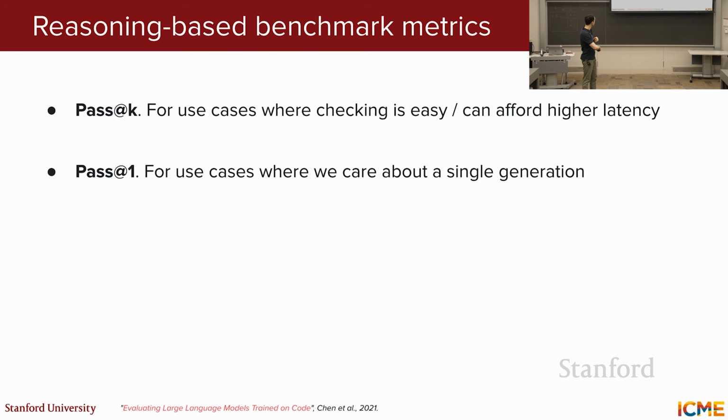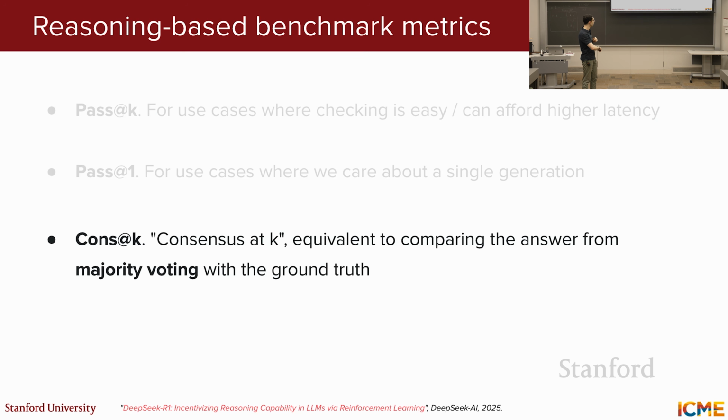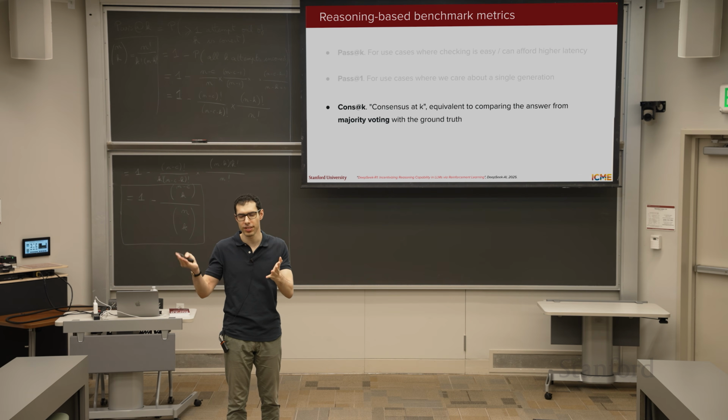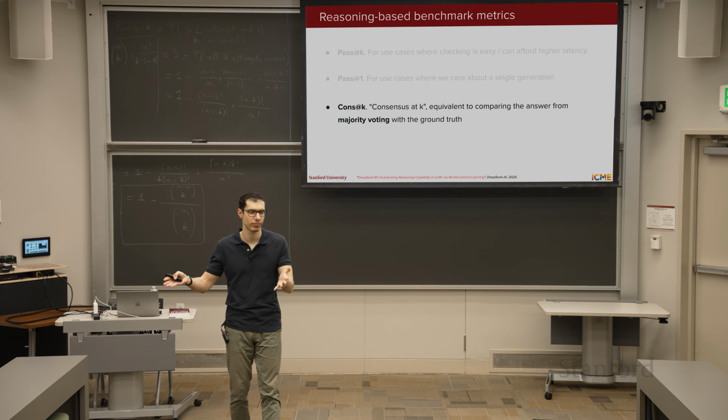Cool. So these are the main metrics that people use, but not the only ones. There's another one that you may see, which is called consensus at k, which is the answer that comes from the highest number of times the answer appears among your generations.